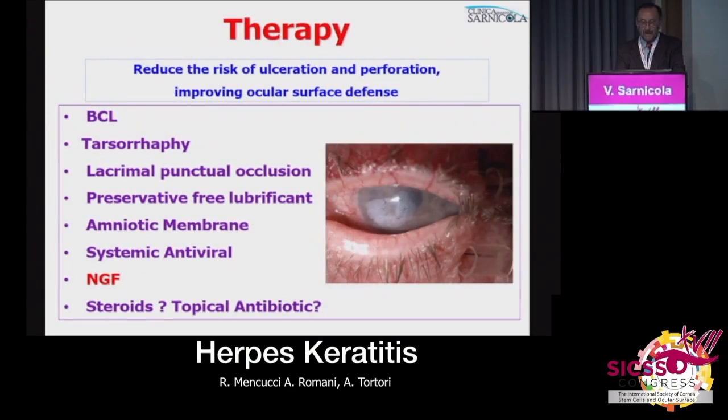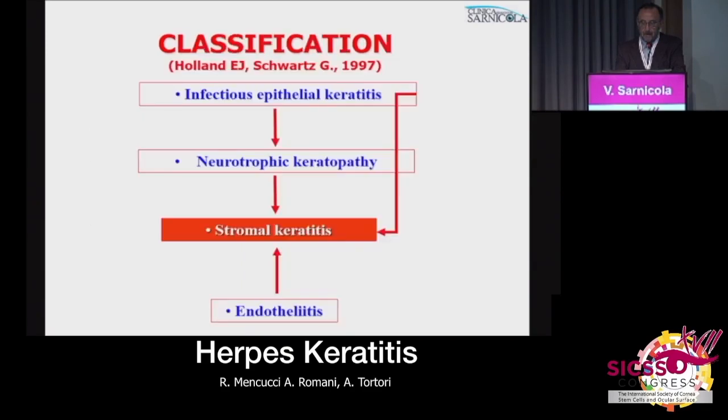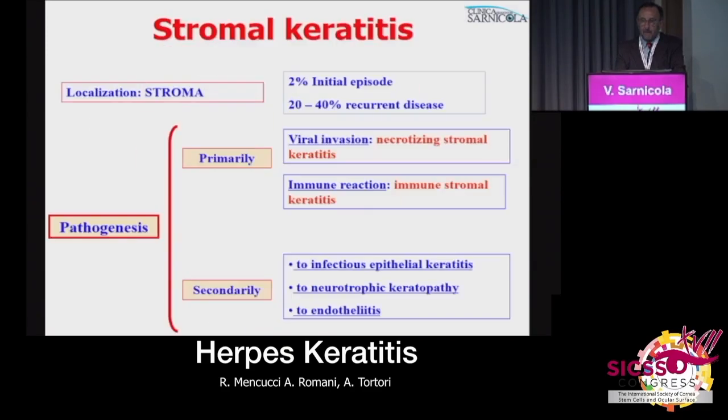In this case we should be extremely aggressive, fixing immediately a contact lens, tarsorrhaphy, and lacrimal punctal occlusion, because otherwise this might be complicated by bacterial infection, and the sequelae might be really dramatic.